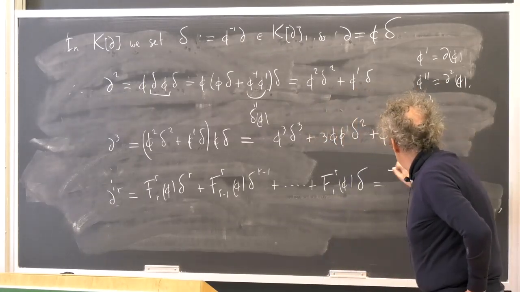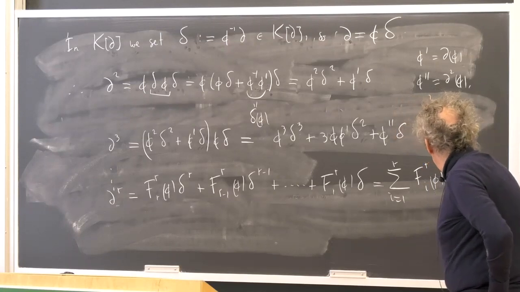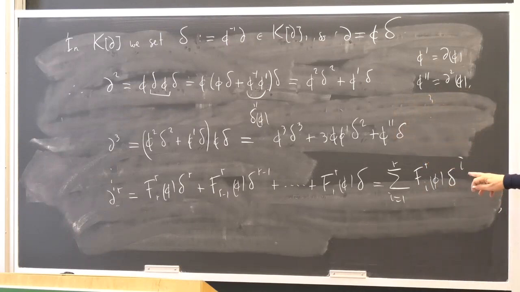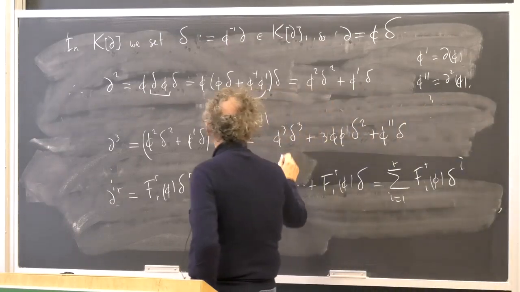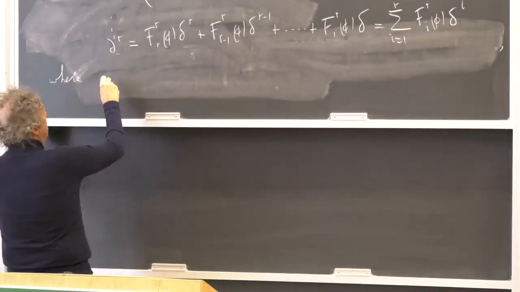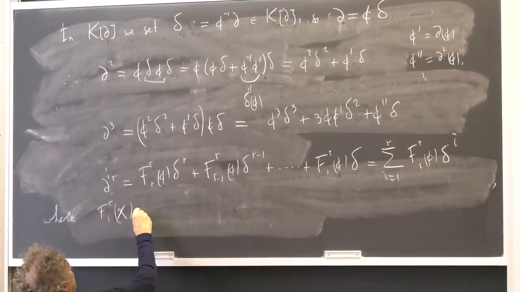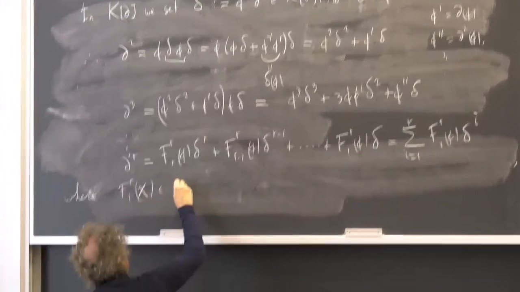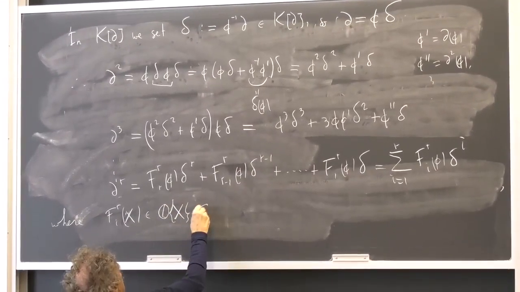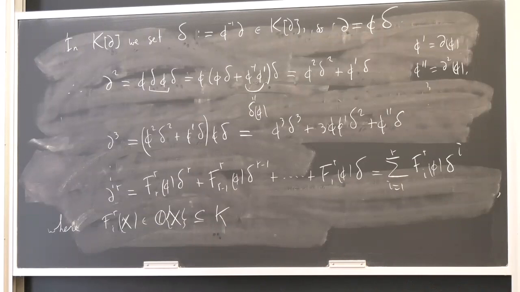In other words, it is the sum over i equals 1 to r of f_ri(phi) funny delta to the i, where f_ri is simply some differential polynomial with rational coefficients. Of course, the derivation is trivial on Q, and Q is part of the constant field of K.